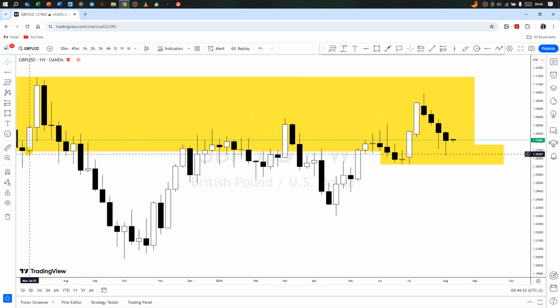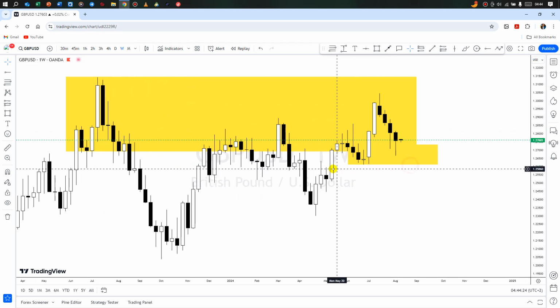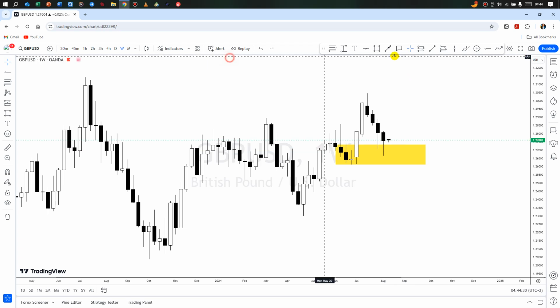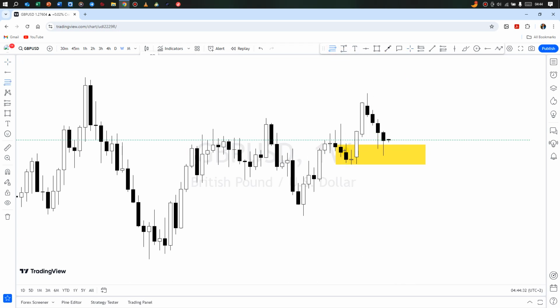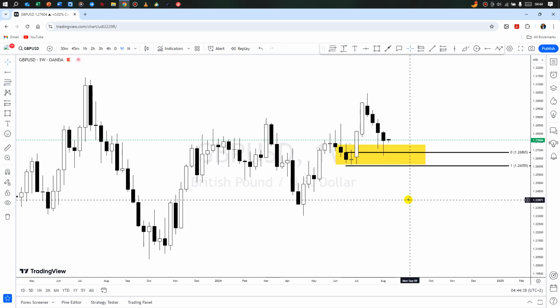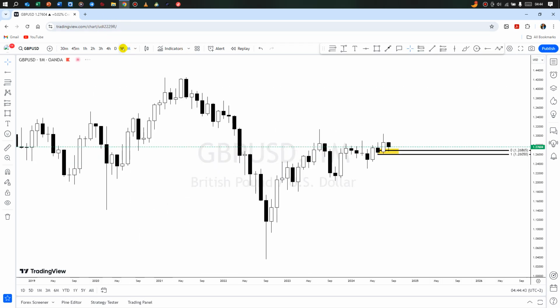On the weekly time frame, you can see that the price was rejecting from this rally base drop supply zone here. Then the price started rejecting from this weekly demand zone here. As you can see, we have a drop base rally demand zone, and the price has been rejecting from it, even though it's not that highly probable. So let's see.